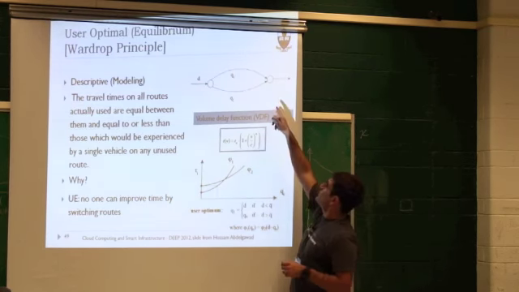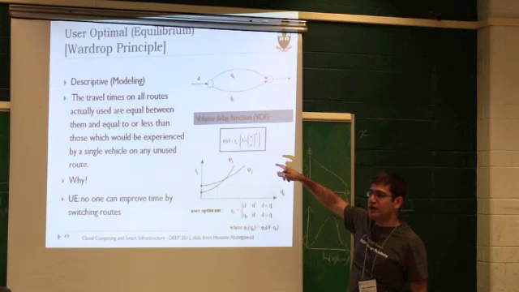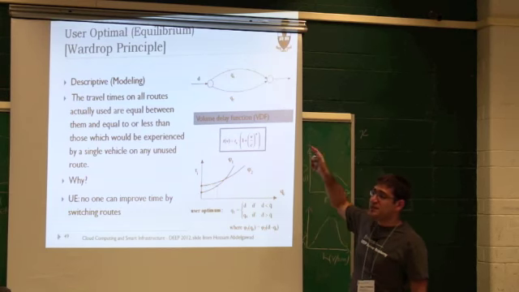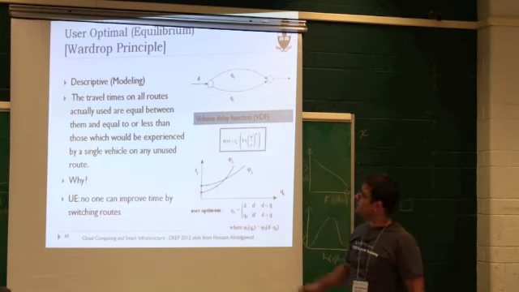If I go through that upper route, which is usually longer, or if I go through the lower one, which is usually shorter, with user equilibrium, what's the difference in their travel times? The lower is faster. No, they're not.